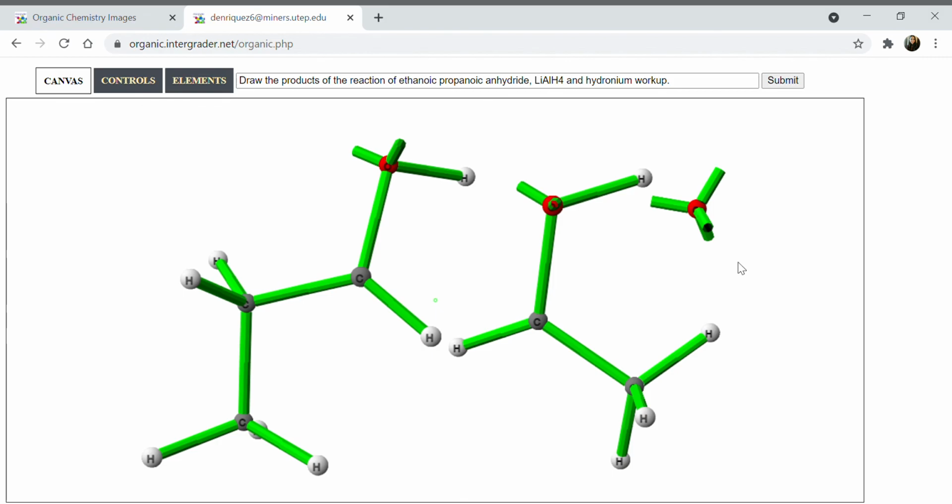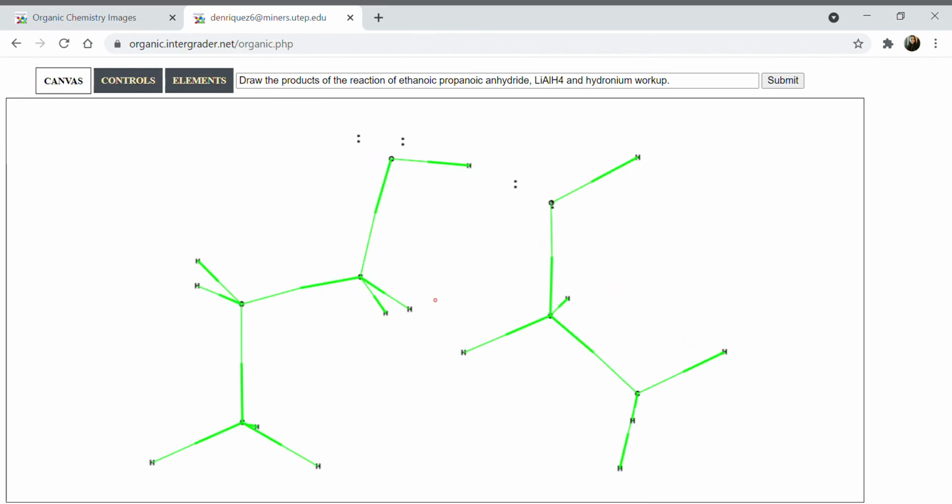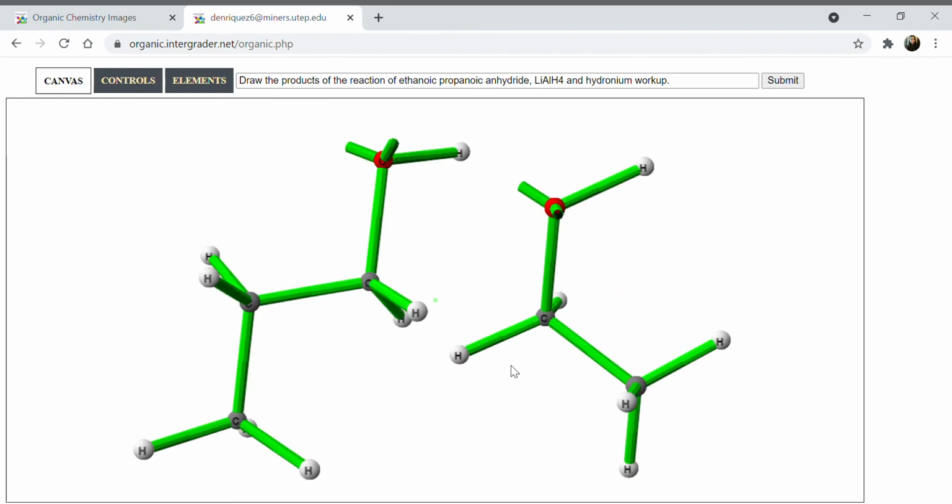And I see that my carbon only has 3 bonds, so I'm actually going to have to add a hydrogen to each of them. And it is easier if you add this to the lithium aluminum already, just because you can take the hydrogens from there, but you can also add it like I did as well.